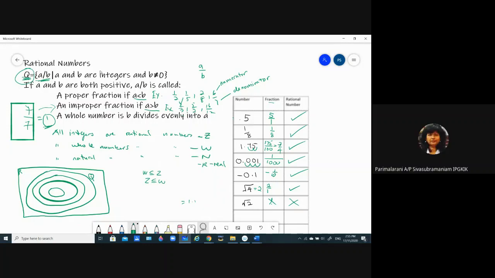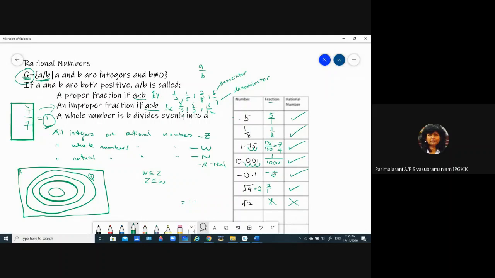Whole numbers is a subset of integers. Whole numbers start from 0, okay? 0 onwards, correct.